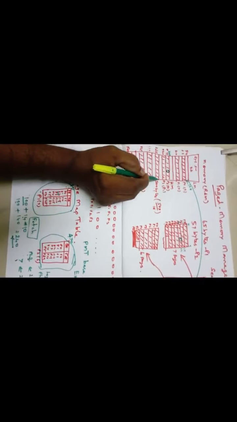So in frame 25, the first 5 bytes are occupied by program 1, but the next 5 bytes are free. This is internal fragmentation.